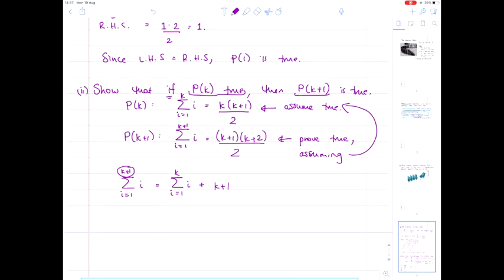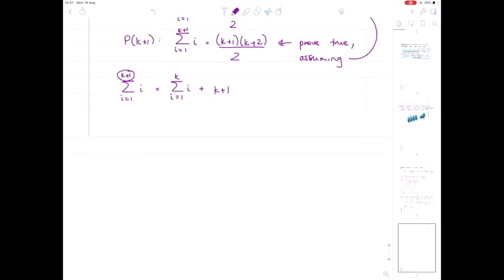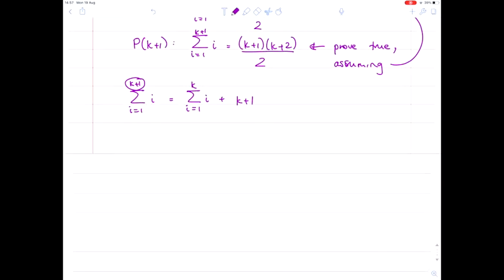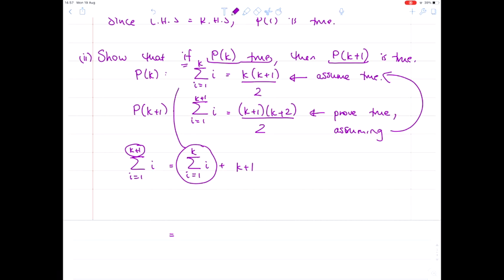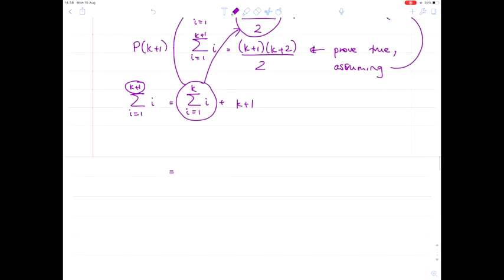And if we carry on from there, we know that this thing is the left-hand side of Pk, which we're assuming is true, so we know that in fact this sum is equal to k times (k plus 1) over 2.